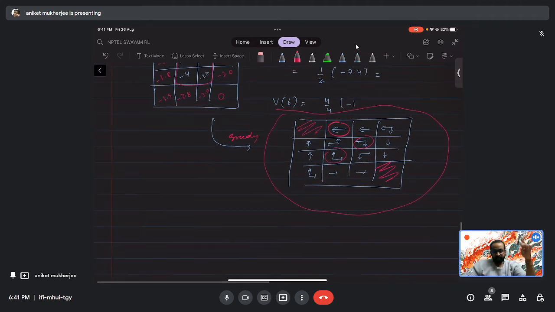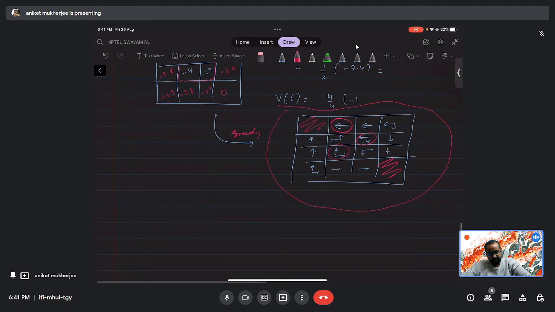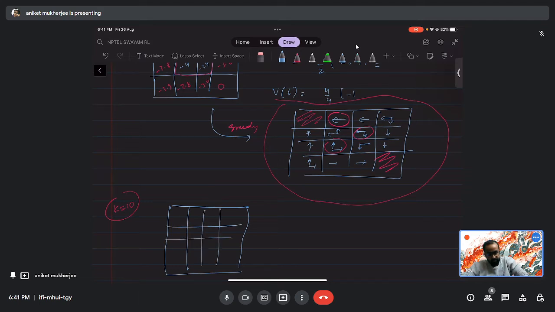Okay. So now I'll tell you that in value iteration, what happens is, after K equal to 4, I'll wait for K equal to 10. I ran a code. You guys can run a code for this. I don't have that. Maybe I'll show you. So this is 0, 0, minus 6.1, minus 8.4.